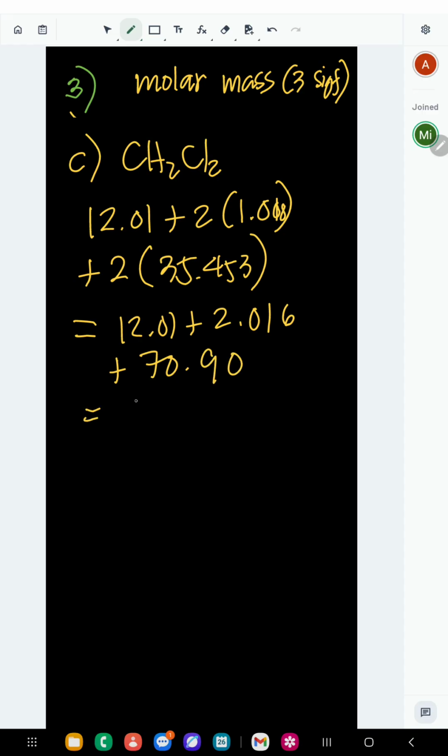What did you get? Yeah, the same. I got 84.93 grams per mole.